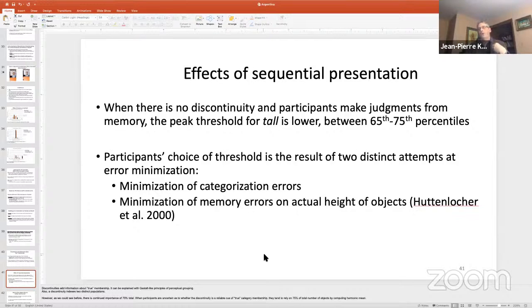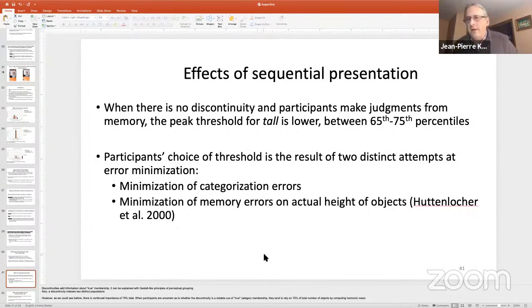This is work from Janet Huttenlocher, beautiful work about the fact that people make systematic errors when they have to judge the size of objects, or when an event occurred in a semester for undergraduates, and so forth, because they are not exactly sure of the actual height of the objects they have seen. And the best way to minimize error when you don't really remember the actual height is to move your decisions toward the mean.